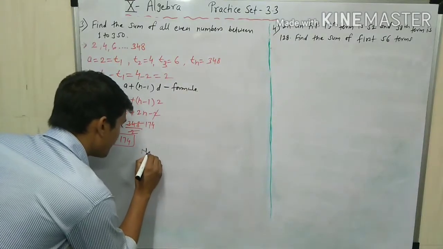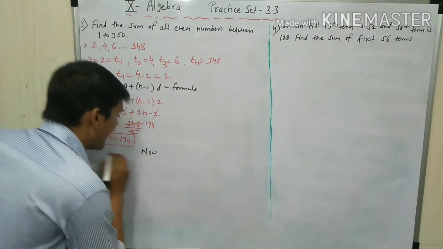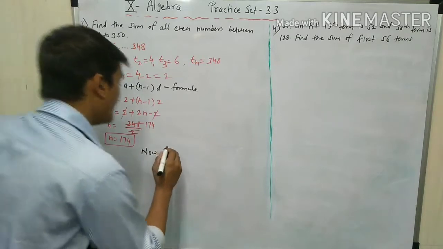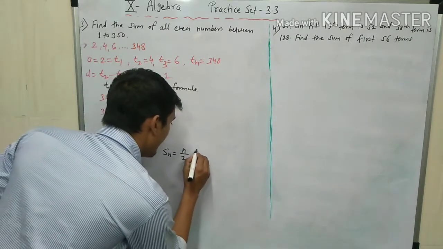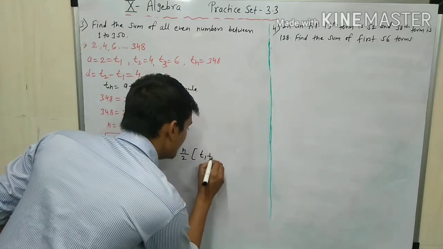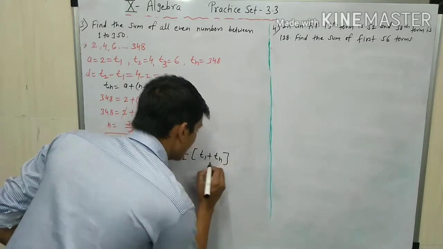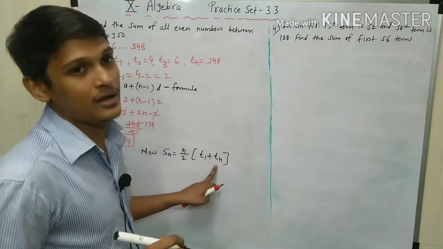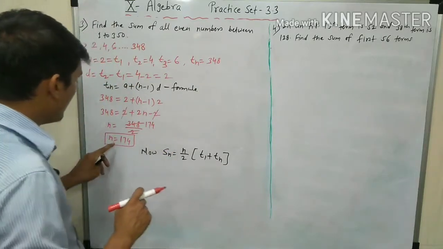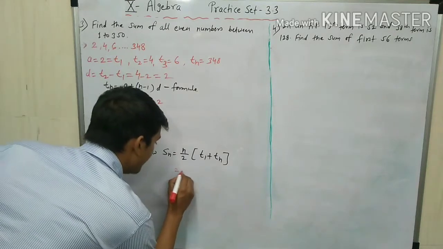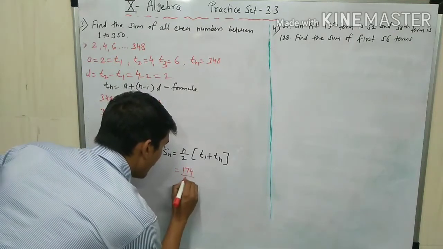Now we find out Sn. Then the formula is Sn is equal to n upon 2 times T1 plus Tn, means first term plus last term. Now n was 174, so we can write 174 upon 2.